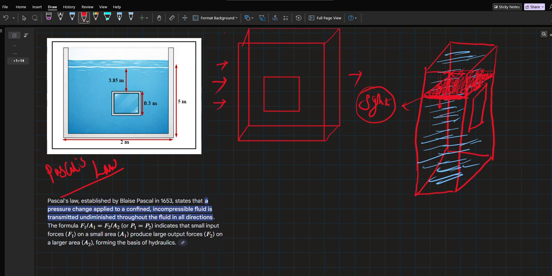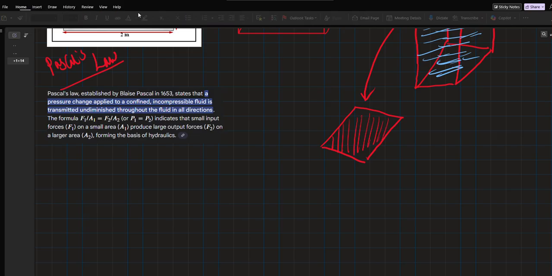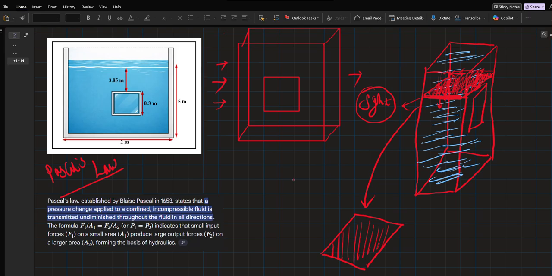So let me draw that again. If I draw a slice from this water column or water volume, whose height is h_T from the top, the pressure will be rho g h_T everywhere, in all directions.